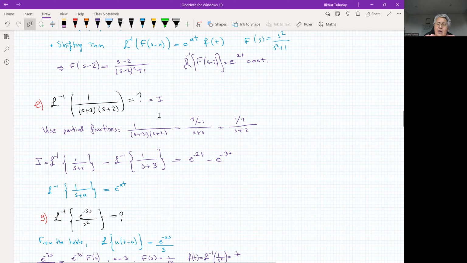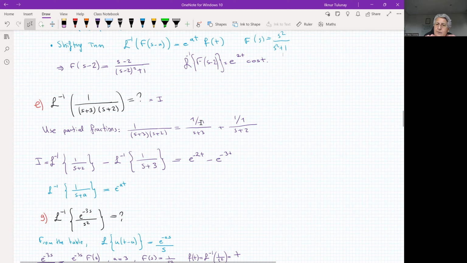Okay, can we calculate the quick way of the partial fractions for (s+3)(s+2)? So the root of s+3 is minus 3. Remove this part and substitute minus 3. Minus 3 plus 2 will be minus 1.